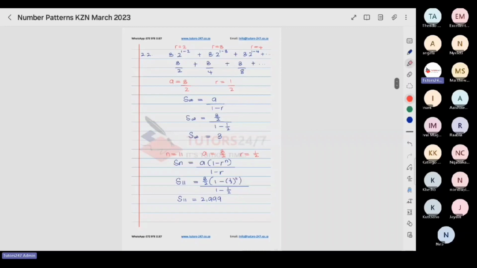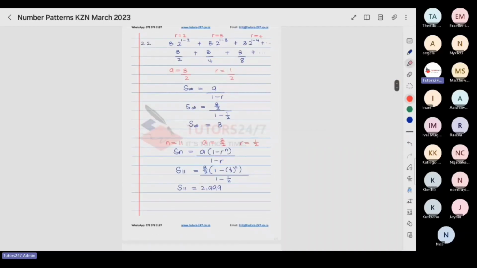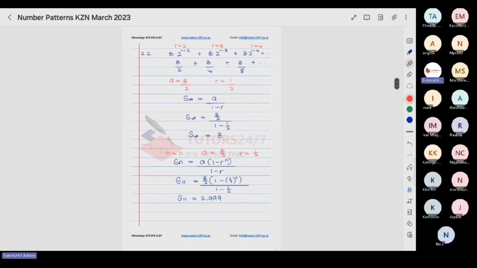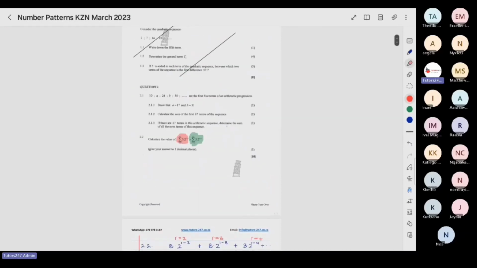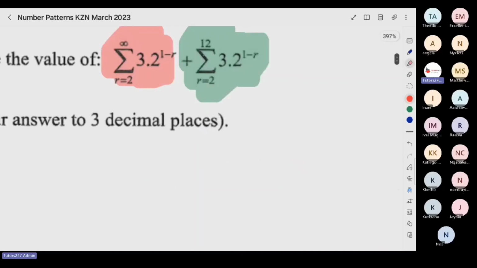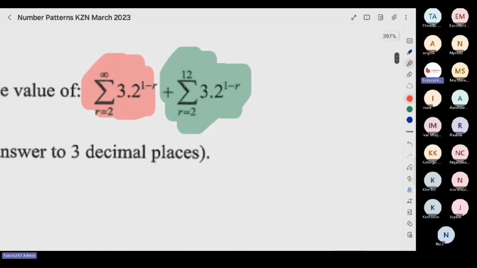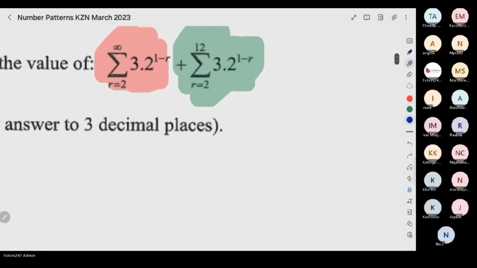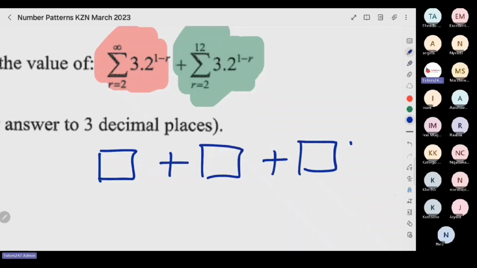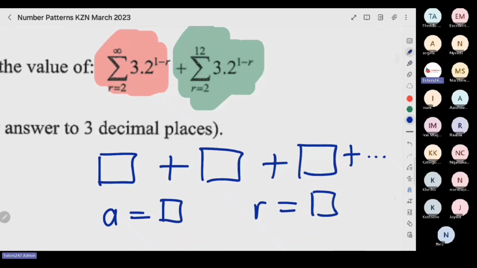That is our solution. So if you feel comfortable and confident enough to do all of this within the same line, you can do that. The reason you can do that is because the general terms are the same and the starting points are the same. That means they'll have the same value of A, they will have the same value of R. So if you wanted to, you could have just created one sequence. After you create that one sequence, you can then find the value of A, find the value of R, and then here you'll break it up like this.